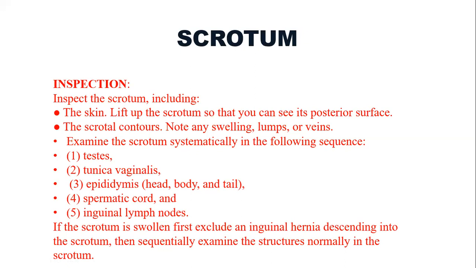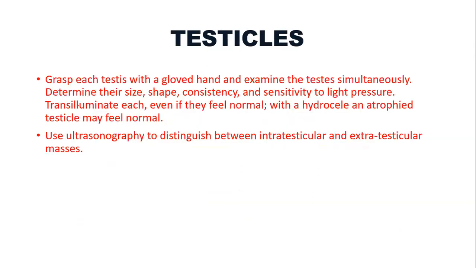If the scrotum is swollen, first exclude an inguinal hernia descending into the scrotum, then sequentially examine the structures normally in the scrotum. Moving on to the testicles, grasp each testis with a gloved hand and examine the testes simultaneously. Determine the size, shape, consistency, and sensitivity to light pressure.